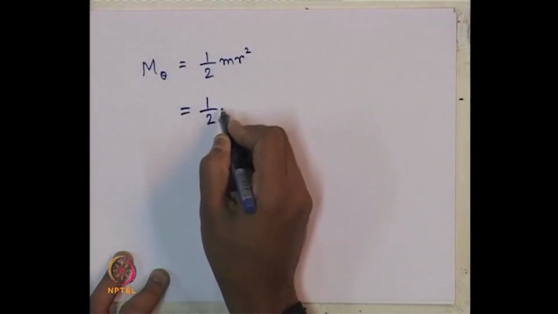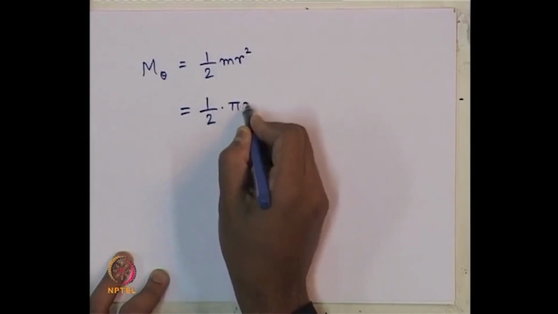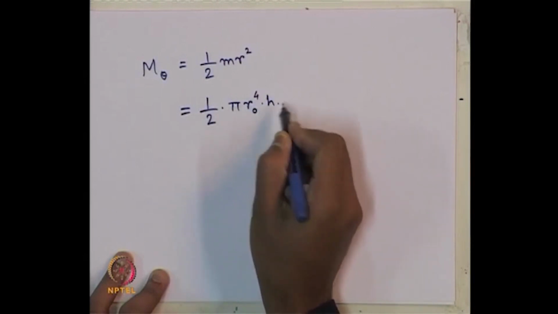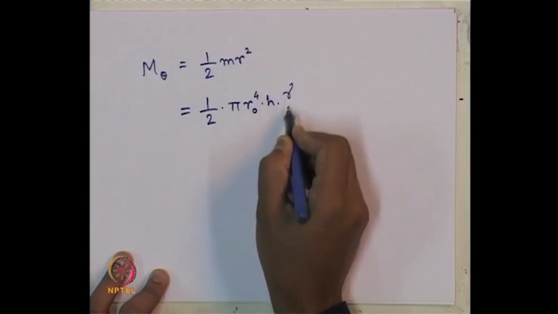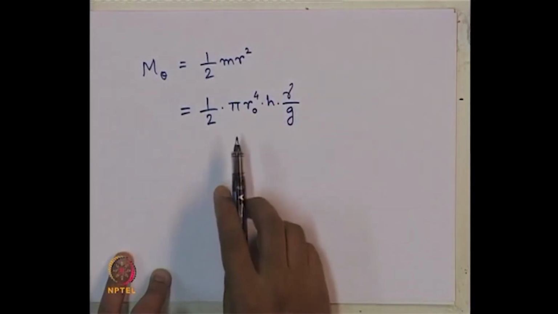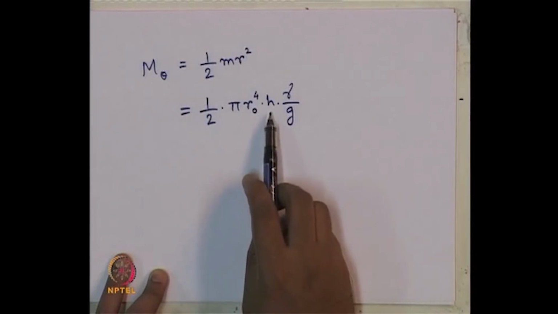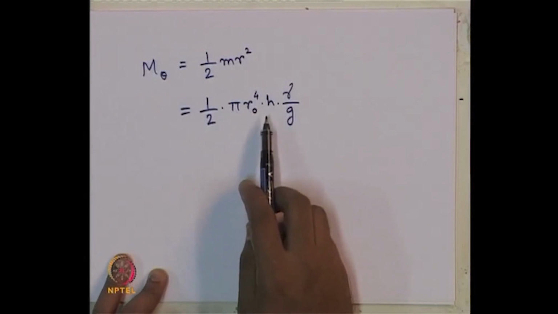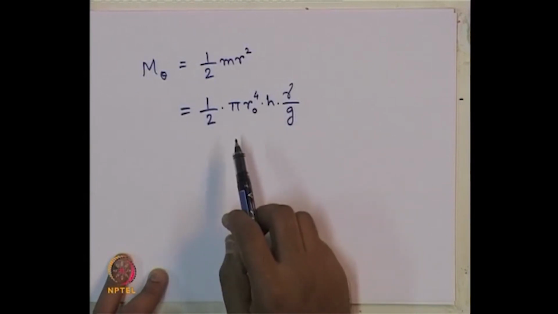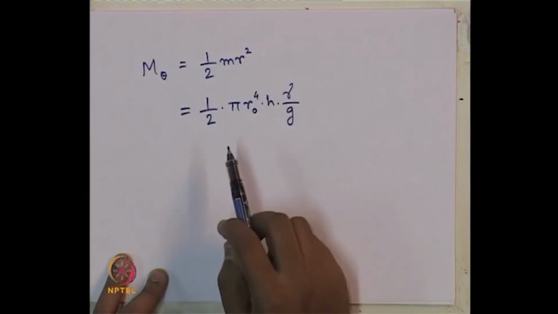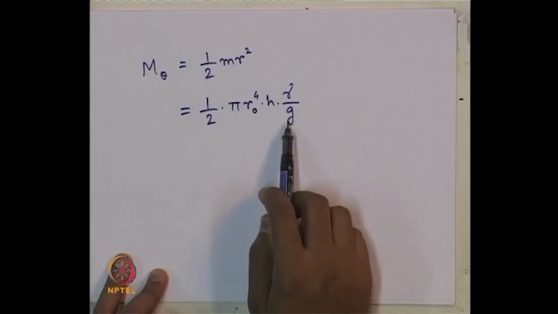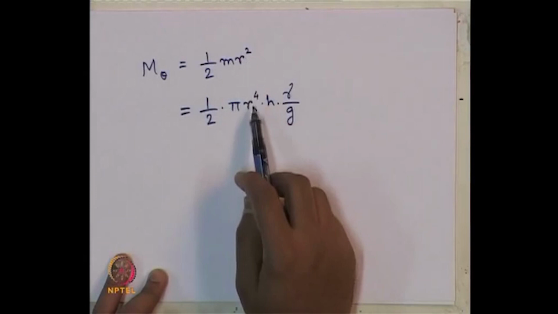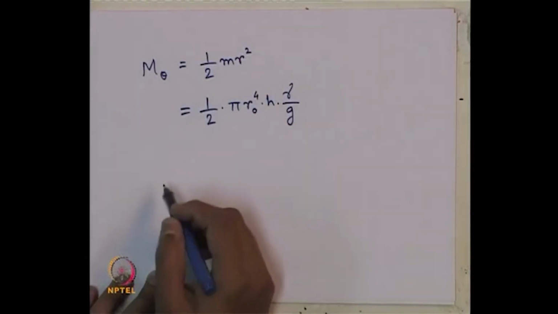So, half m will be pi r naught to the power 4 h gamma by g. M is how much? Pi r naught square h into rho. Am I right? Pi r naught square h is the volume of that circular foundation, times rho, the density, will give us the mass. So, that is why another r square is there. So, r naught to the power 4.